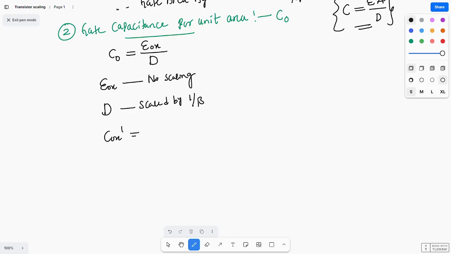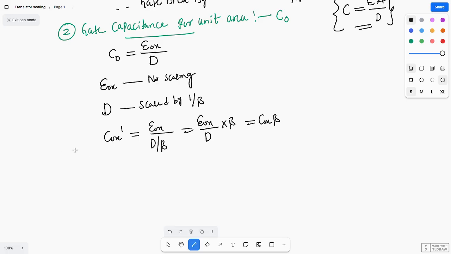Now what is my COX? Let us take COX dash equal to epsilon OX by the distance D, and D is scaled by 1 by beta. So this is epsilon OX by D into beta, which is COX into beta.